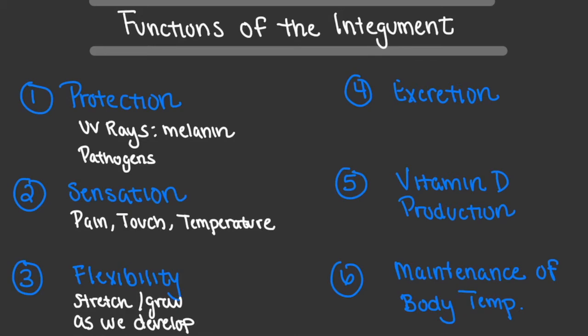Now, the fourth function is excretion. And when we use the word excretion, all we're referring to is the fact that our integument helps to release things from the body. Now, a couple of those things that are released would be things like water, which we may be familiar with, but some other things include uric acid and also lactic acid.